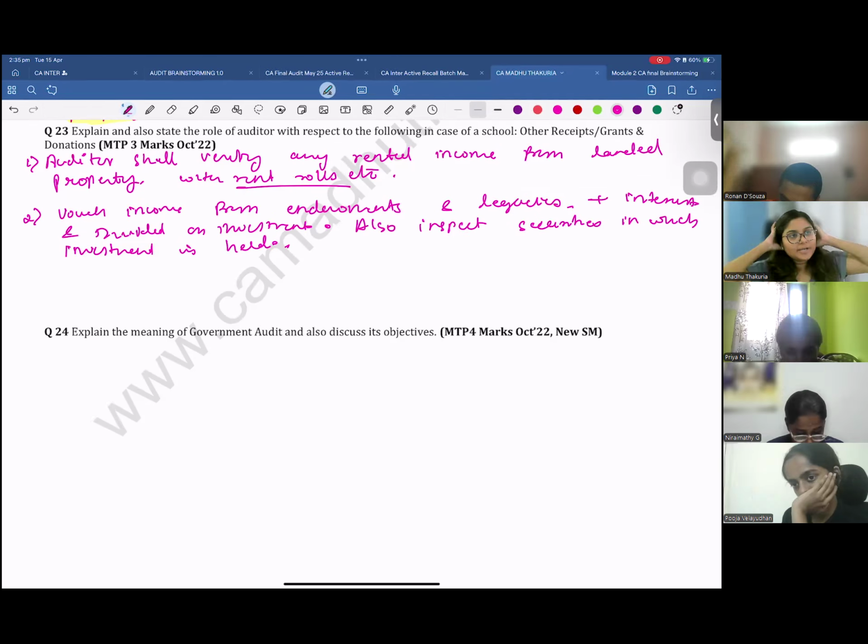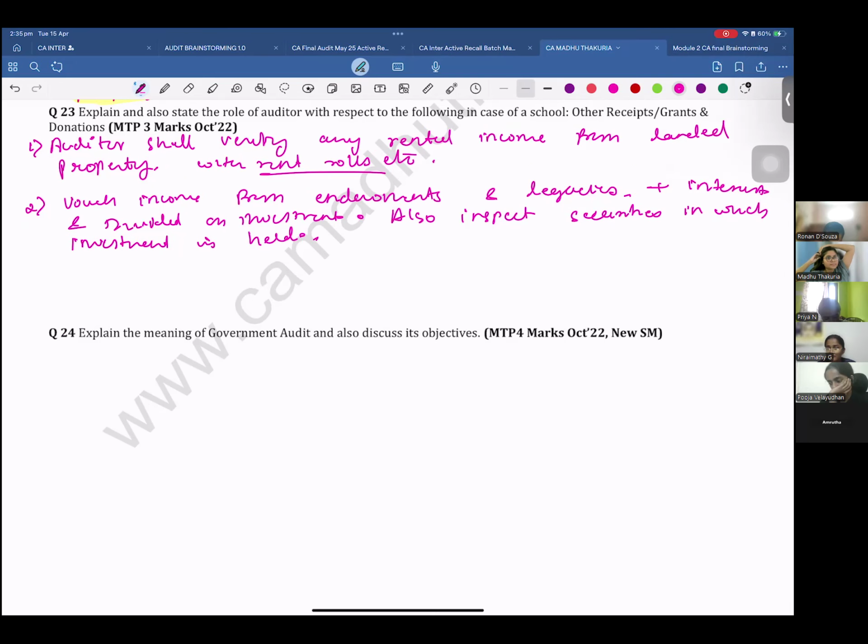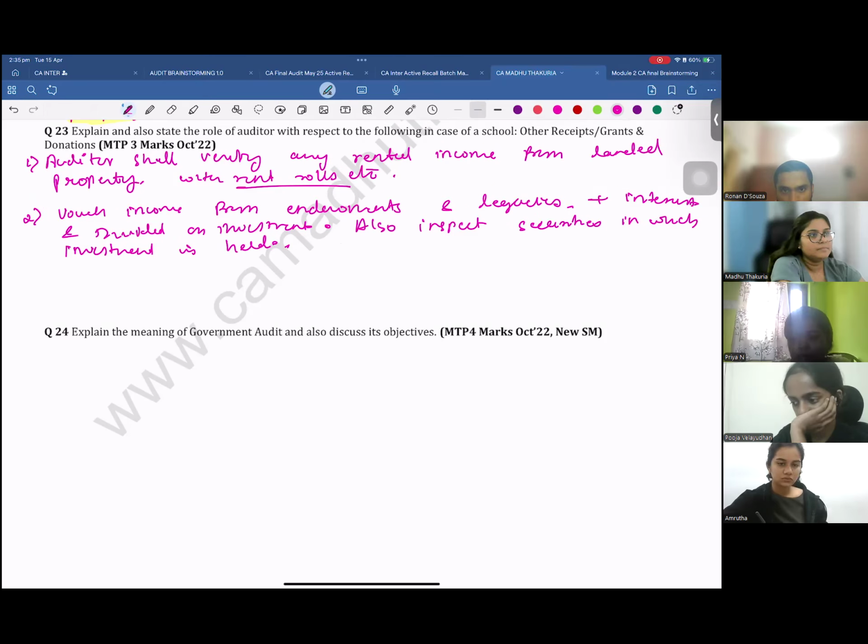What is income from endowments or legacies? Any idea, guys? Priya? Any kind of donation? Which kind of donation?